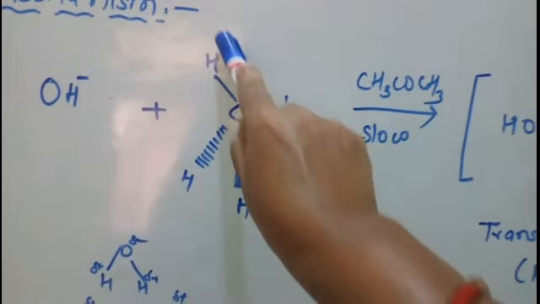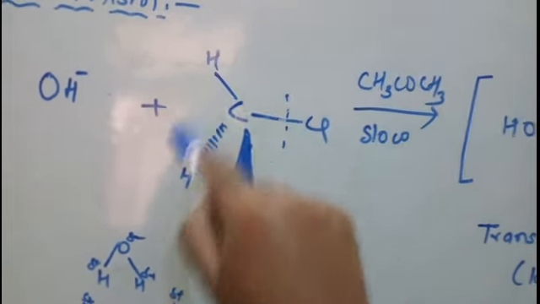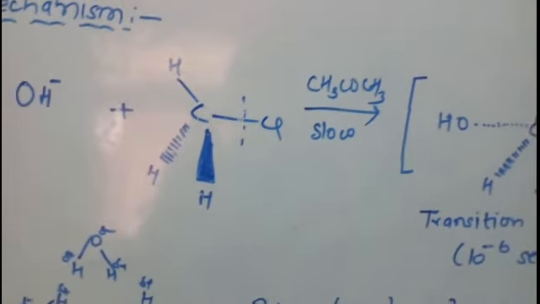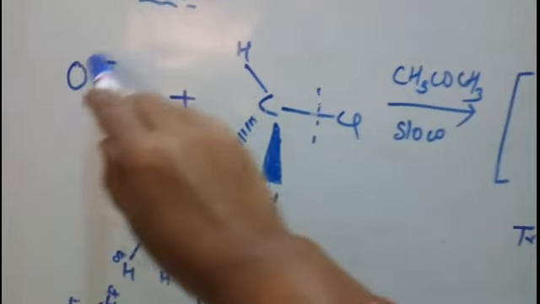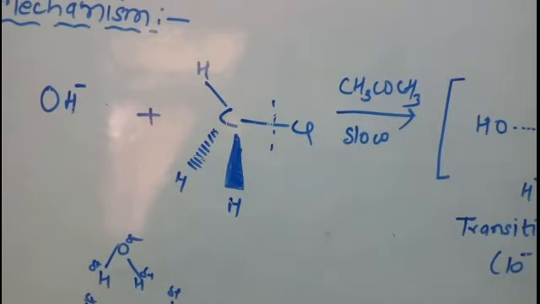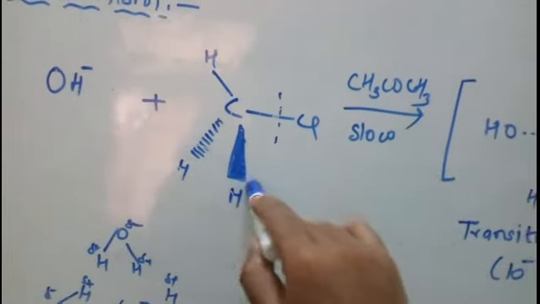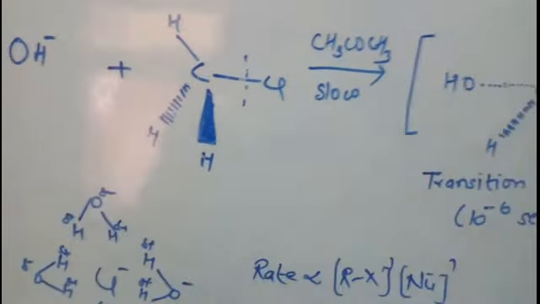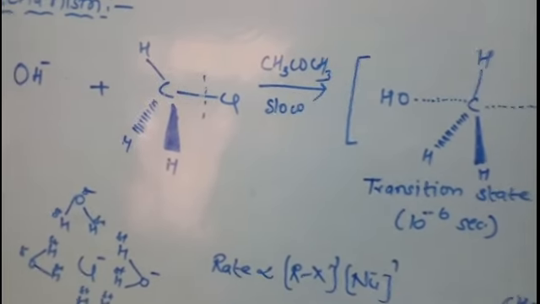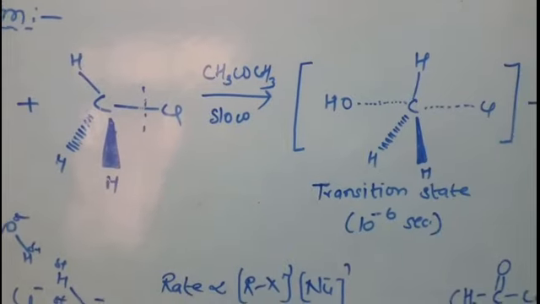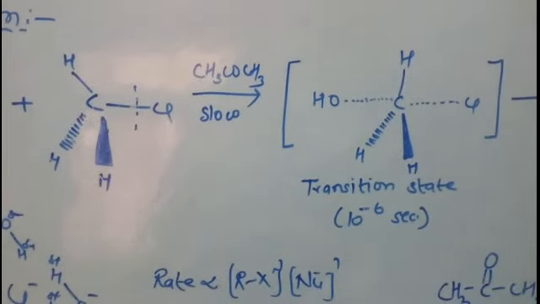Hence this reaction will be preferred where lighter groups are attached, such as in methyl halide. Since these groups are lighter, the nucleophile can easily attack this carbon. If bulky groups are attached, it will be difficult for the nucleophile to attack. Therefore this reaction is preferred most in methyl halides, then primary, then secondary, and then tertiary.